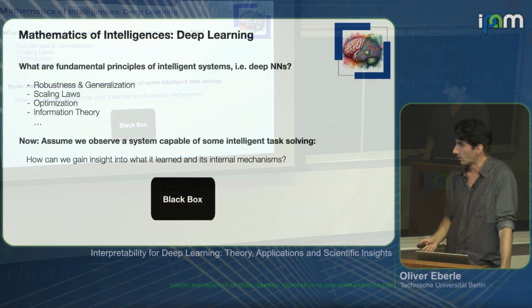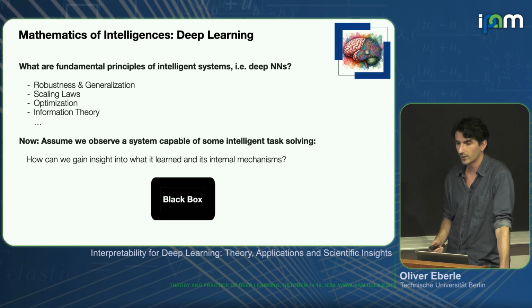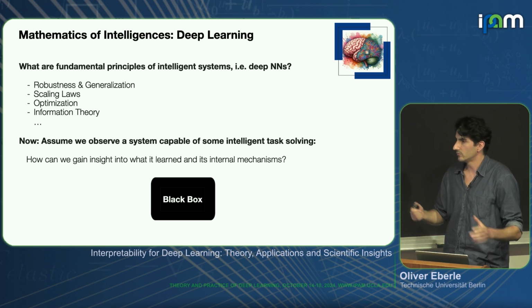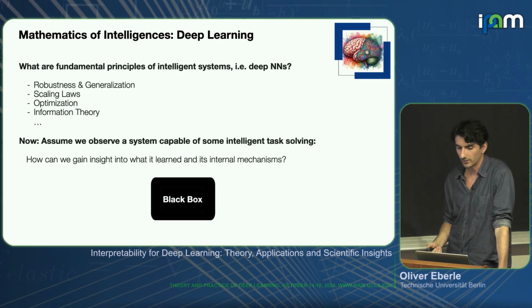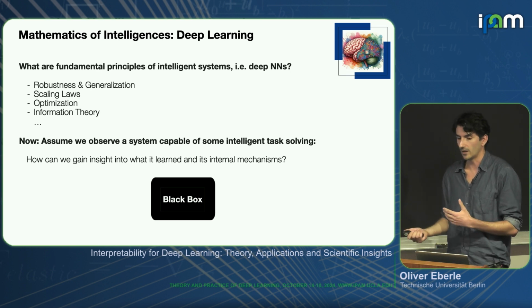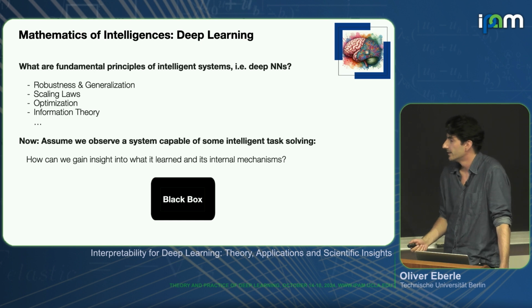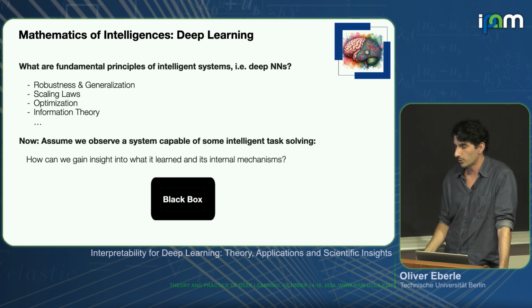In this context, often this idea of a black box comes up, so I wanted to say a few words on that. Yes, to some extent these deep architectures are black boxes because we don't understand them, but it's still a very different scenario to, let's say, investigating the human brain, because there we don't have full access to all activations and all weights and full transparency.